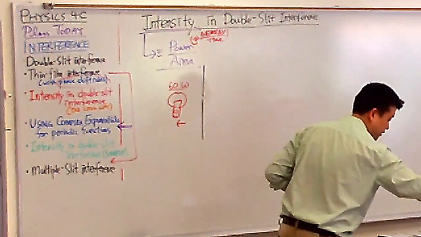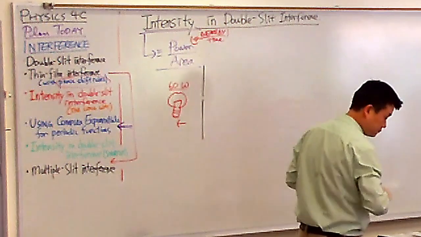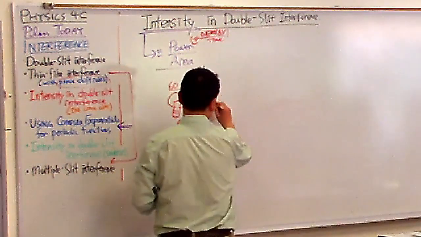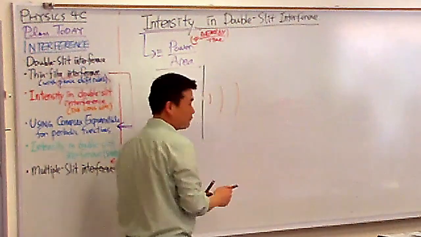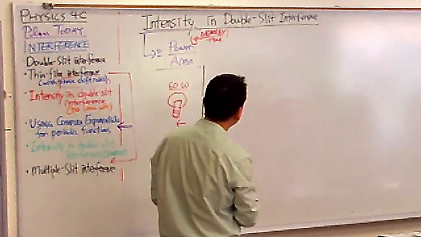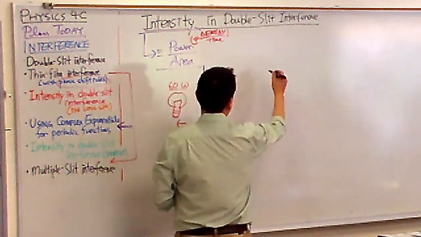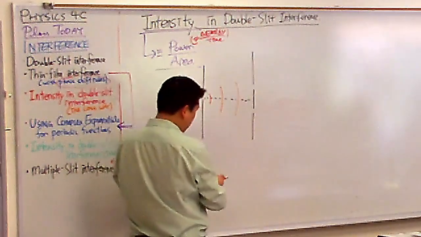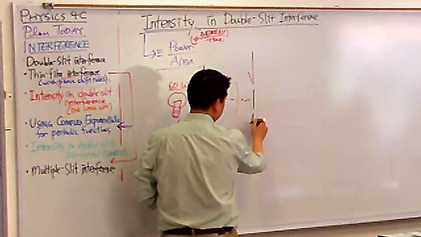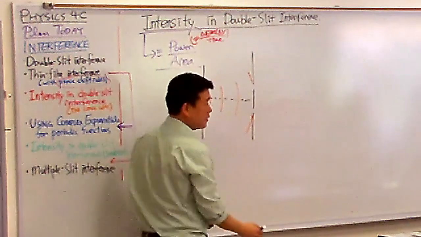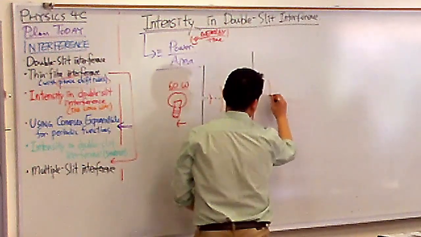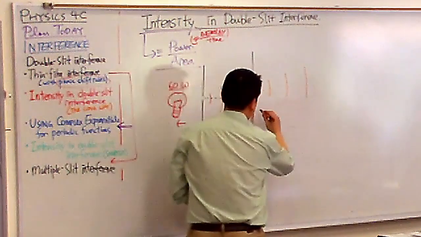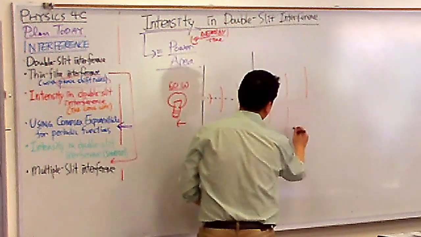There's light that's diffracted through this single slit, which we'll talk about starting on Thursday. And then we have a double slit. Some fraction of the light reaching this double slit screen would go through here, and some would go through here.